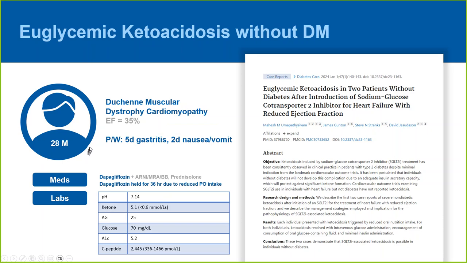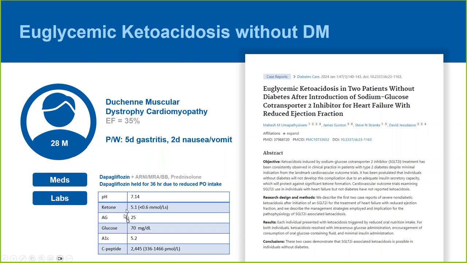Going through the 2 cases, the first is a 28-year-old kid who's got Duchenne's muscular dystrophy, and he was coming in after 5 days of gastritis, 2 days of nausea and vomiting. And because of all this nausea and vomiting, he had actually not taken his dapagliflozin for 36 hours prior to presentation.